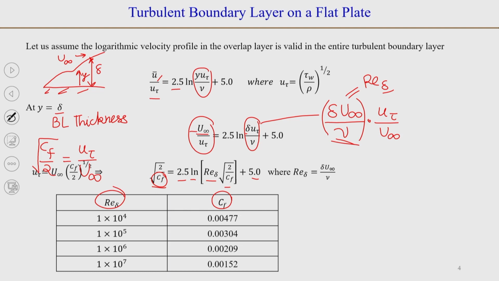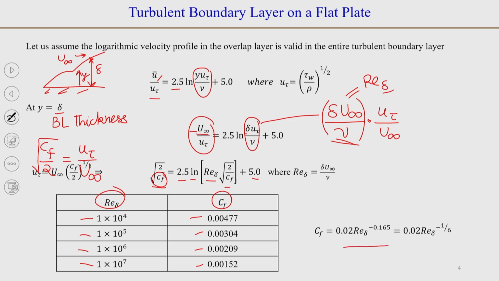So, what I have done, I have calculated the values of Cf for different Re delta, and as suggested by F. M. White, we could fit this data and try to find an equation.